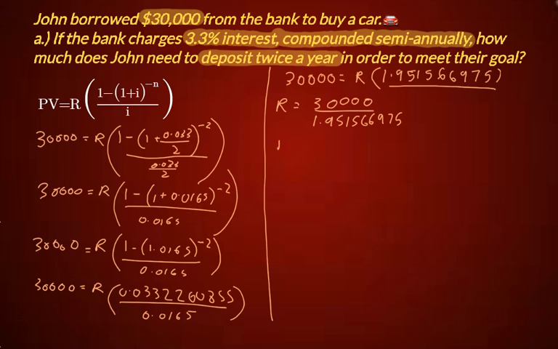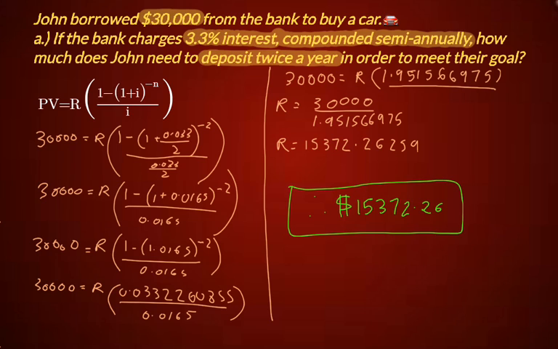So our R equals 15,372.26259. Therefore, John will need to deposit $15,372.26 in the bank twice a year in order to fulfill his loan of $30,000.